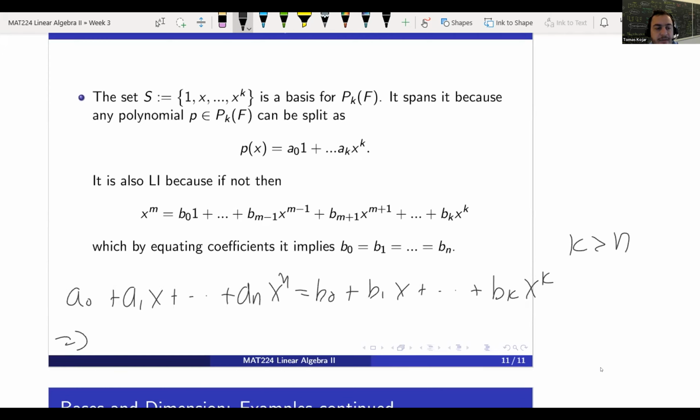So you take their differences. So you have a0 minus b0, a1 minus b1, an minus bn, and then minus bn plus 1.